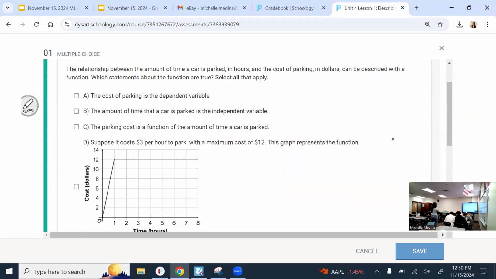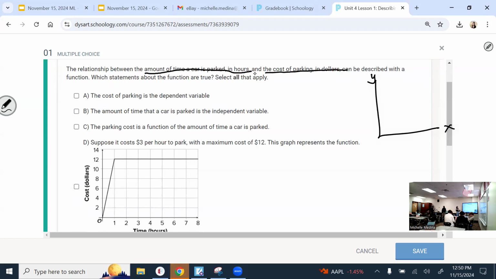Before you say, knowing that what's independent goes on the x and what's dependent goes on the y, the two things that are being compared are the amount of time a car is parked in hours versus the cost of the parking in dollars. So we're comparing hours to costs.